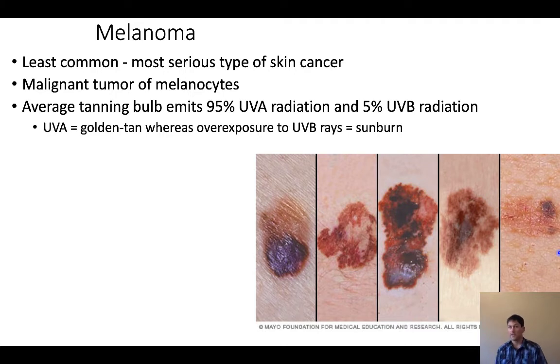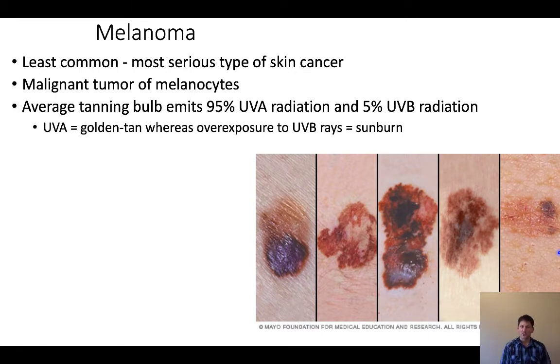Now, just a side note, for all of you who are ready to jump into tanning beds, maybe the winter's around the corner, spring break's around the corner, you're like, yeah, tanning bed, get my tan. Keep in mind that the average tanning bulb emits 95% UVA radiation and 5% UVB radiation.